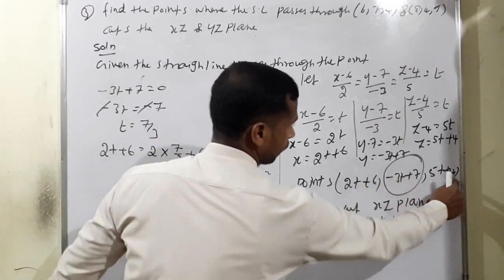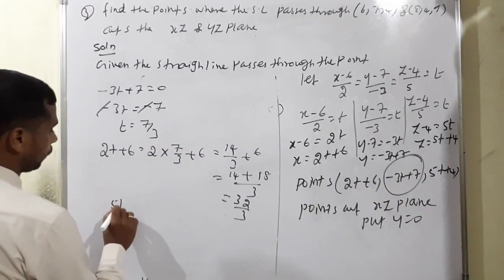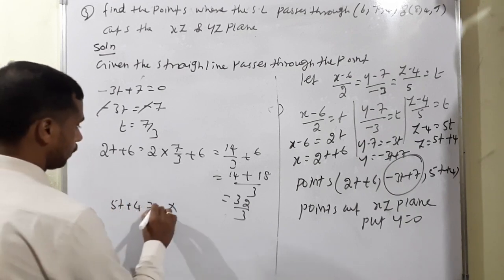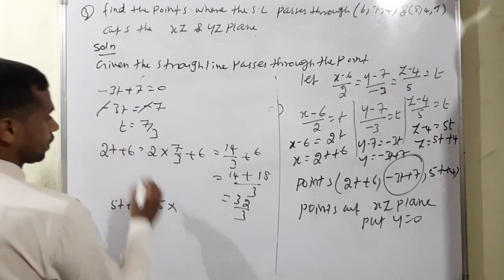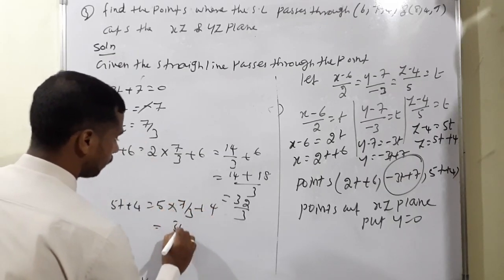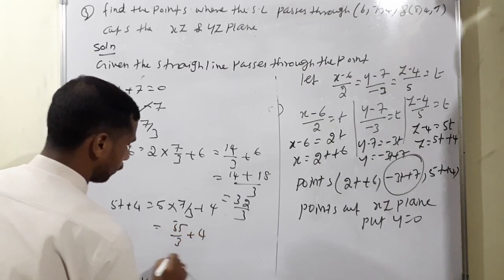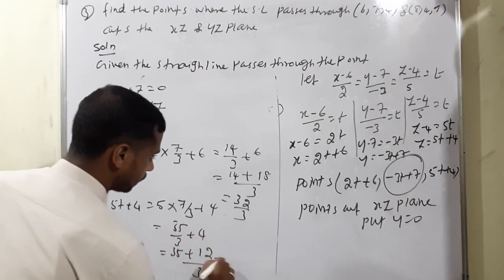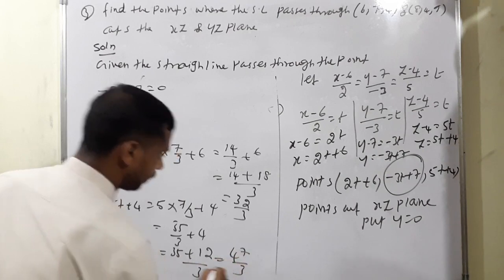But the last condition, 5t plus 4 is equal to 5 into 7 by 3 plus 4. Again 5 7s are 35 by 3 plus 4, 3 4s are 12, so 35 plus 12 by 3 is equal to 47 by 3.